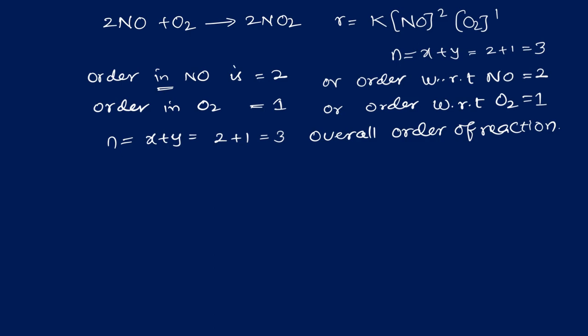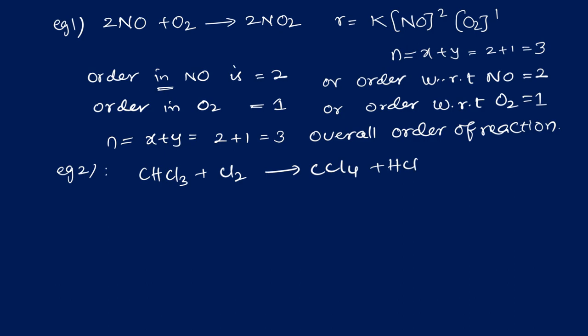Now this can be explained with another example. Example number 2; this was example 1. Already we know that chloroform, CHCl3, reacts with Cl2. This gives rise to CCl4 plus HCl.